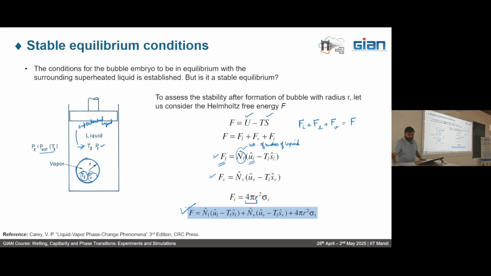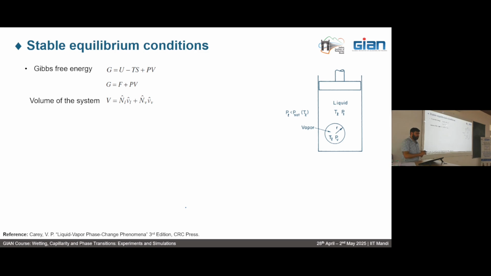Now, considering the Gibbs energy, we know Gibbs energy is U minus TS plus PV. We can simply write it as F plus PV. To define the volume of the system, we can write it as NL VL plus NV VV, where NL is the number of moles of liquid and VL is the molar specific volume. The subscript represents whether we talk about the liquid or the vapor.